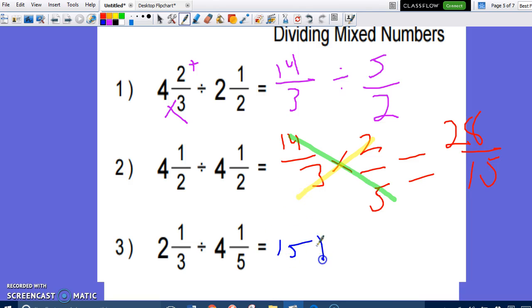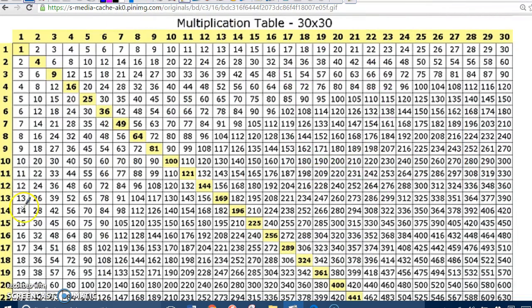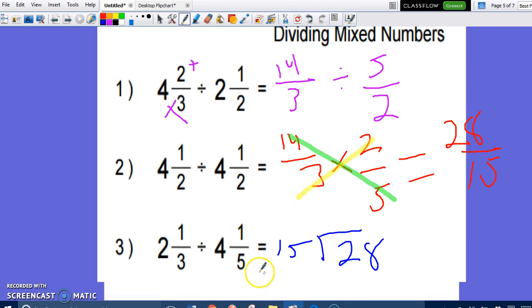My 28 over 15. How many times will 15 go into 28? If you're not sure, I will do this one on the chart. Look for 15 goes into 28. 30 is right here. Remember, you can't go past the number that you need. So it has to be this. 15 will go into 28 how many times? 1. See how I did that? So I'm going to take my 1, put it here.